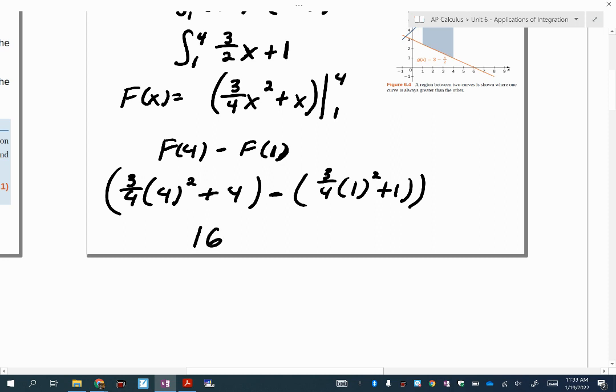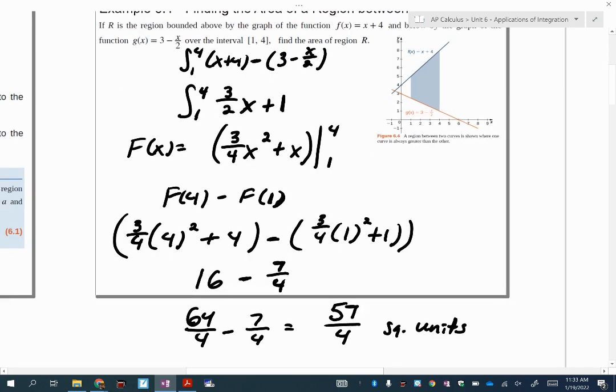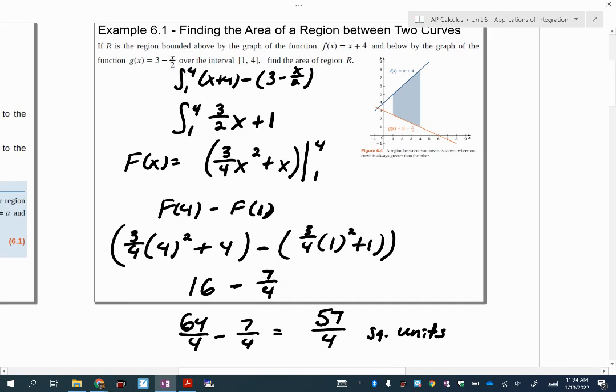This is going to be 1 squared, which is 1. 1 times 3/4 is 3/4. 3/4 plus 1 is 7/4. So 16 minus 7/4. If I change that to denominator 4, that's 64/4 minus 7/4, which is 57/4 square units. Again, if you want to do the decimal, that's totally fine. But that is the area between these 2 curves.